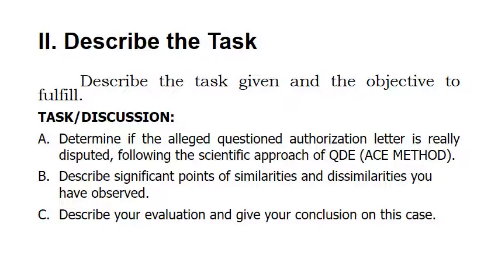We are about to determine if the alleged questioned authorization letter is really disputed, and using the scientific approach of questioned document examination, the ACE method, describe the significant points of similarities and dissimilarities you have observed, and lastly, describe your evaluation and give your conclusion on this case.